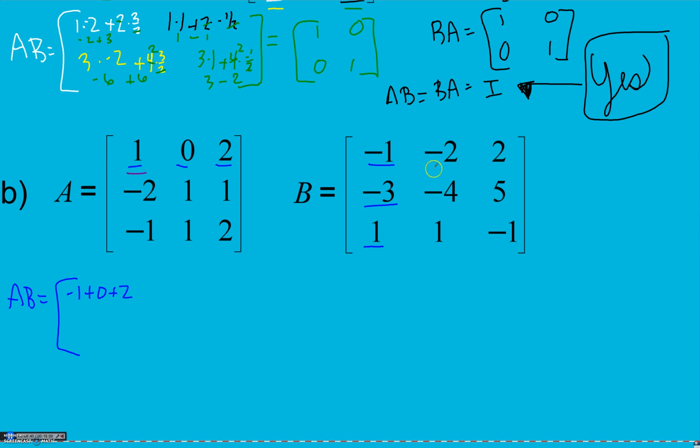I'm going to do 1 times negative 2 plus 0 times negative 4 plus 2 times 1. I'm going to do 1 times 2, 0 times 5, 2 times negative 1.